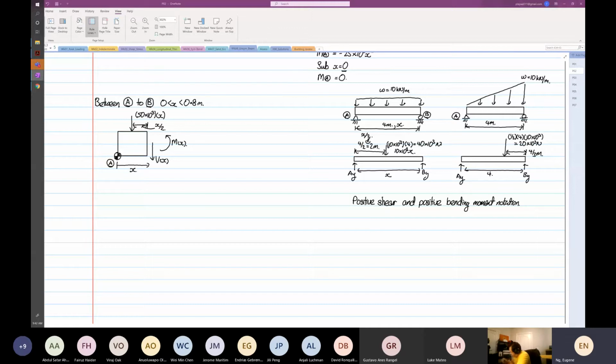So now, if we are going to analyze the structure, we're going to analyze the structure from left to right.